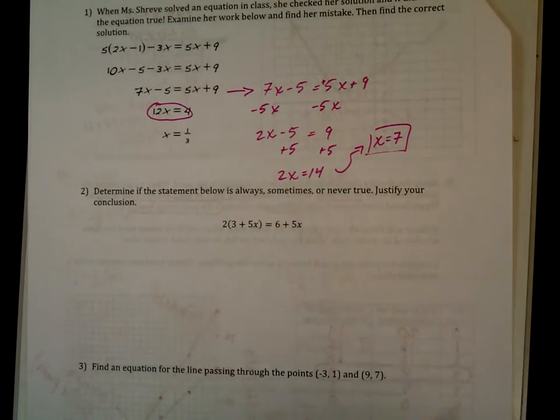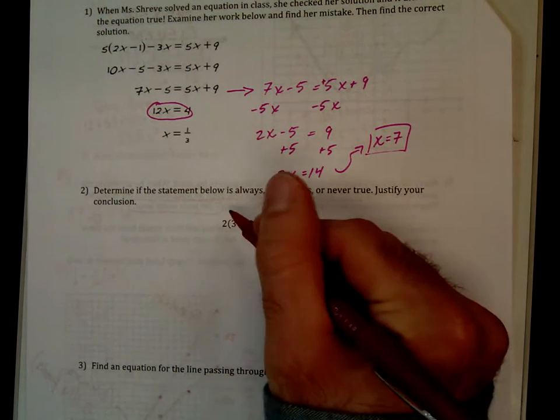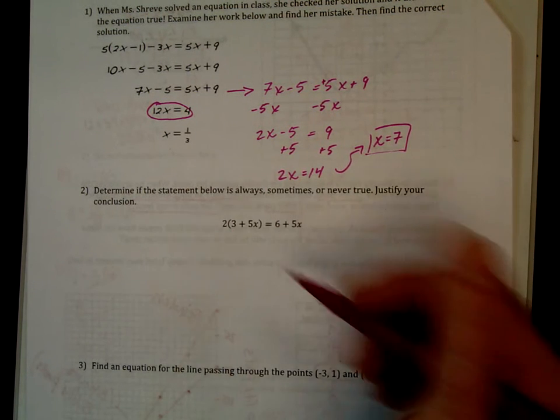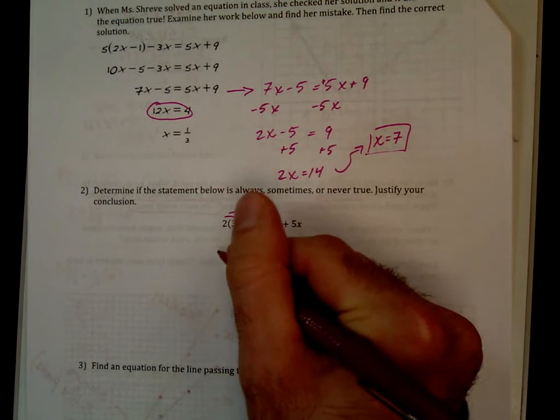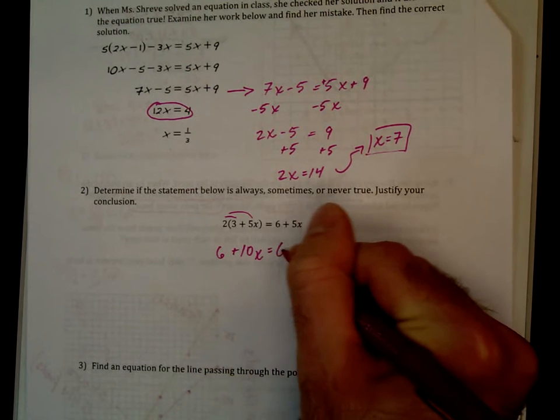Determine if the statement below is always, sometimes, or never true. Justify your conclusion. Interesting. Well, if I distribute here, that might help me think about it. This is 6 plus 10x equals 6 plus 5x.